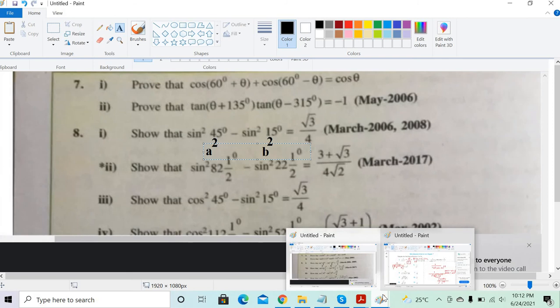Wait, let me check if the formula is correct. So 2 sine 105 by 2 into cos 60.